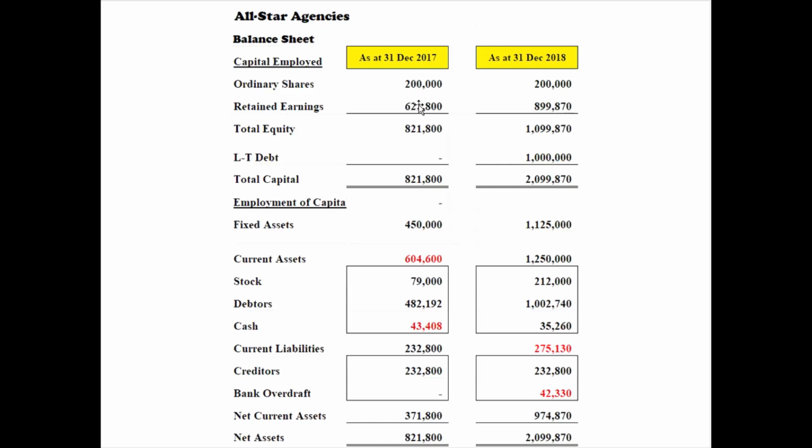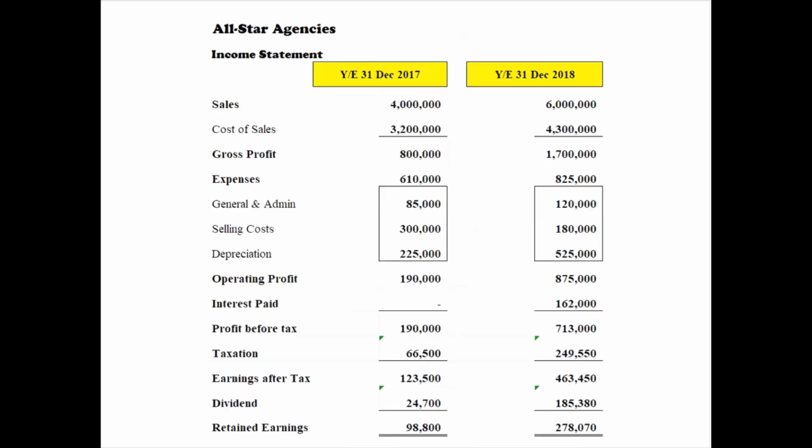All right. The retained earnings is a cumulative number, and you had to be sure to incorporate the information in point number 8, where they told us that the retained earnings from the previous year, in other words, if we had another balance sheet here to the left of 2017 that represented 2016, the retained earnings from there needed to roll over and then you needed to add to that the 98,800, this number from the bottom of the income statement.